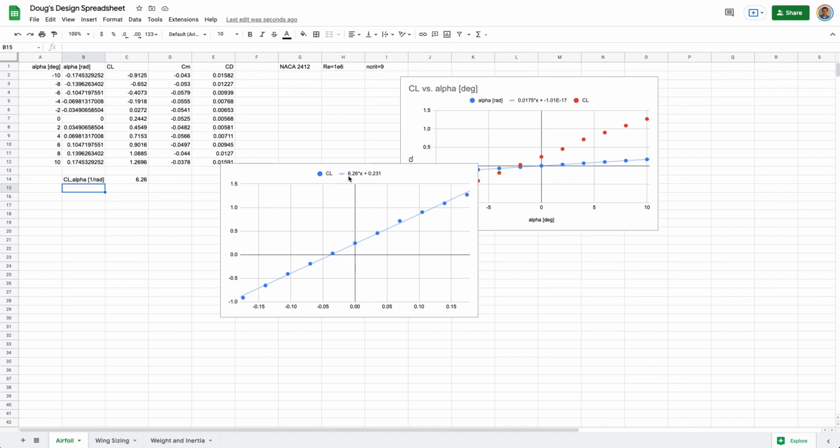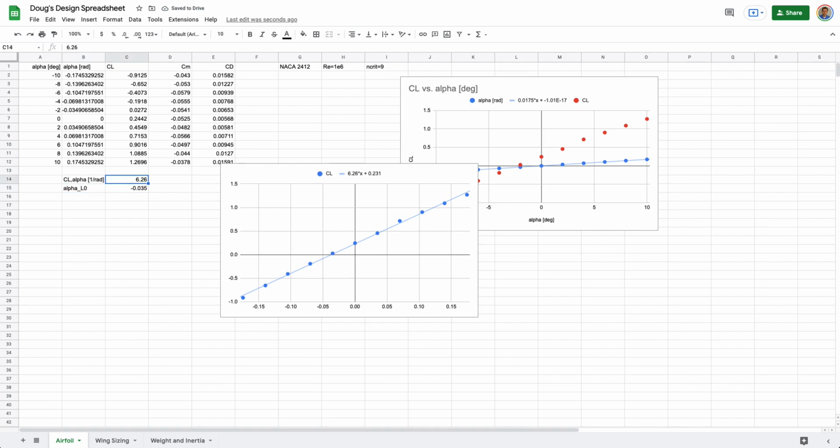But for our purposes, I'm just going to look at about the right point, which is minus 0.035. So I'm going to put in minus 0.035. That's the zero lift angle of attack, and we call that alpha sub L0, the angle of attack that produces zero lift.